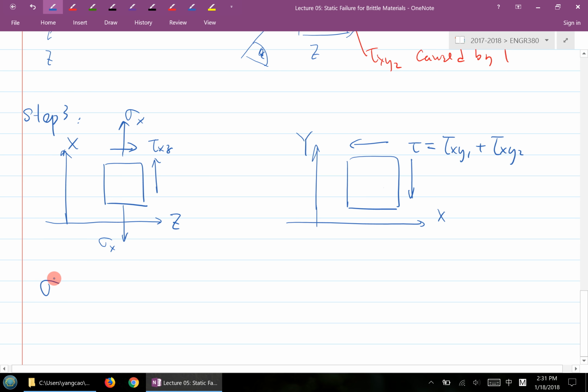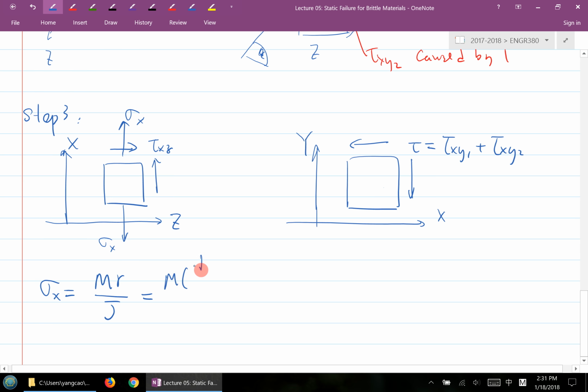So here's your sigma x, and sigma x is due to the bending moment M at the top edge, which is basically M times the radius of the rod divided by its moment of inertia I, and this is your sigma x. And M we have calculated.